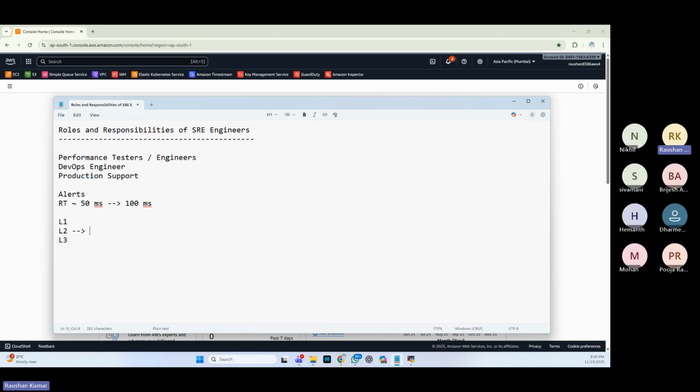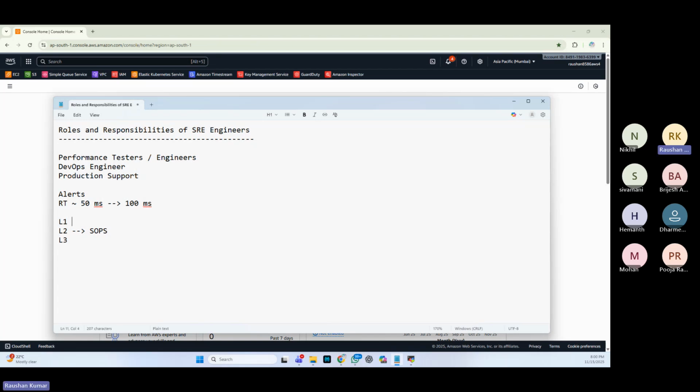We want to become this L2 here, and they can help write some SOPs. We call it SOPs, right? We need to know what needs to be done if an issue comes: standard operating procedures, what needs to be followed. Let's say if your response time is high, what should an L1 engineer do?